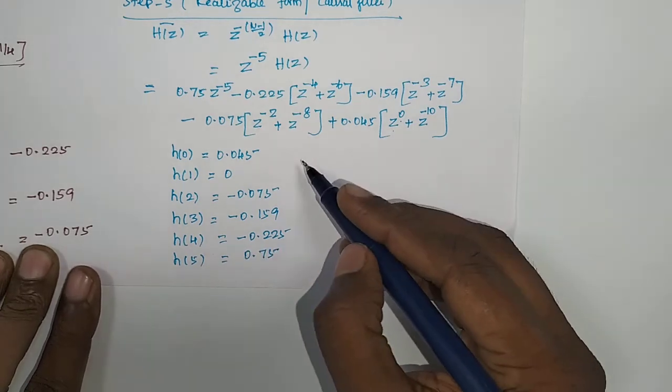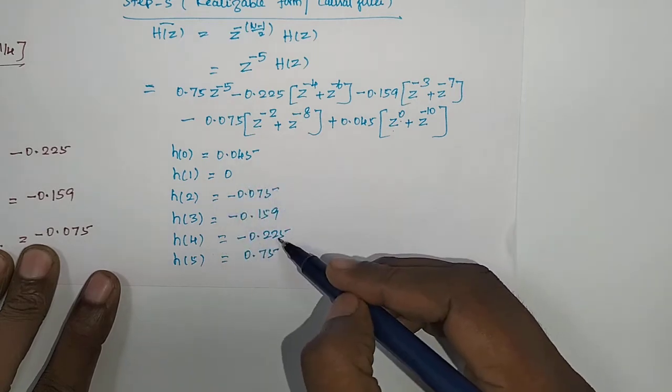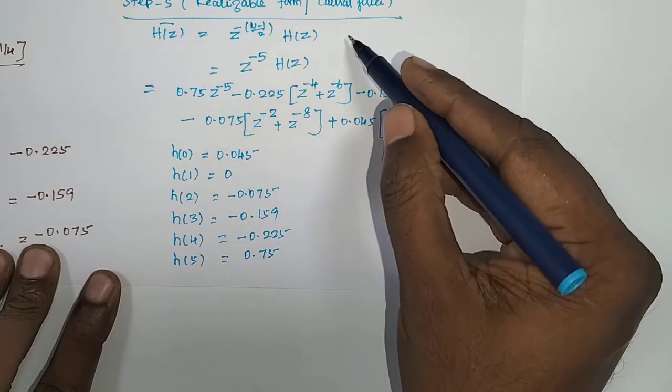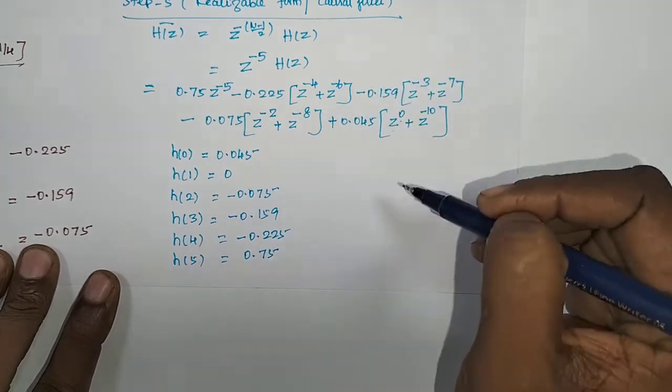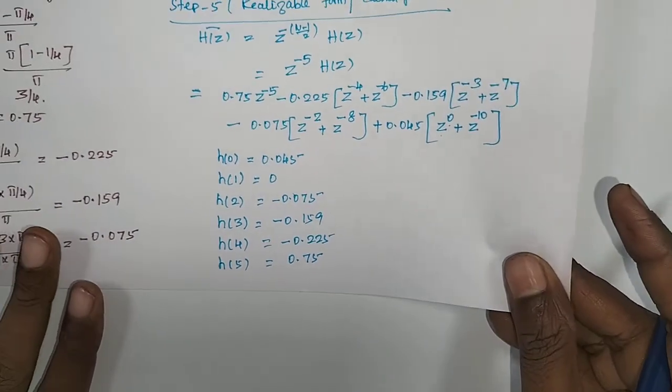Okay, so in this way you have to find the new filter coefficients which are in realizable form for the causal filter. So this is about step 5.